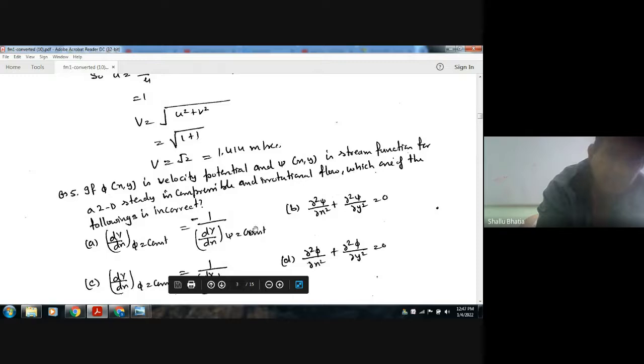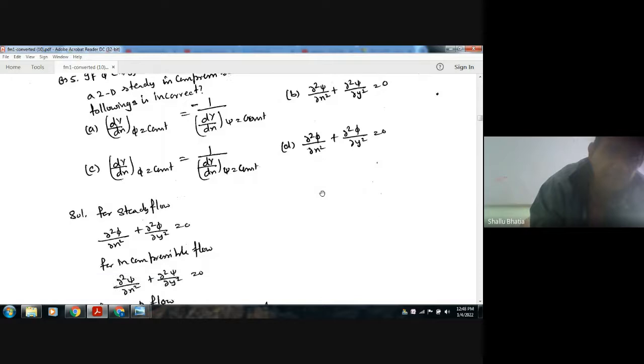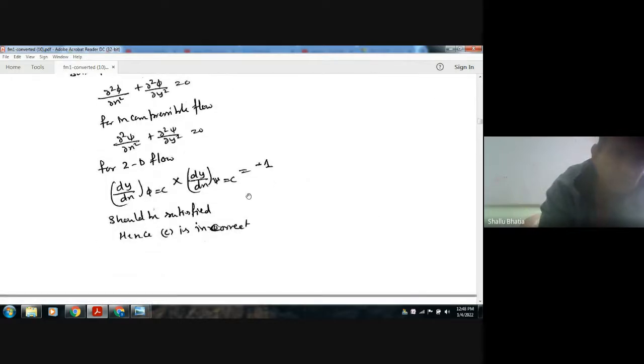And streamlines and potential lines are orthogonal to each other. So dy by dx at phi constant multiplied by dy by dx at psi constant should be equal to minus 1.